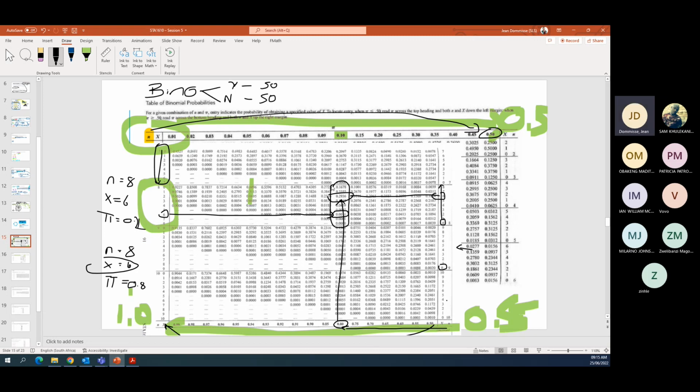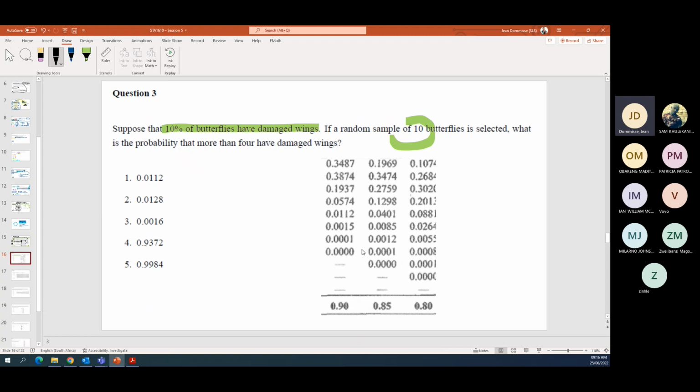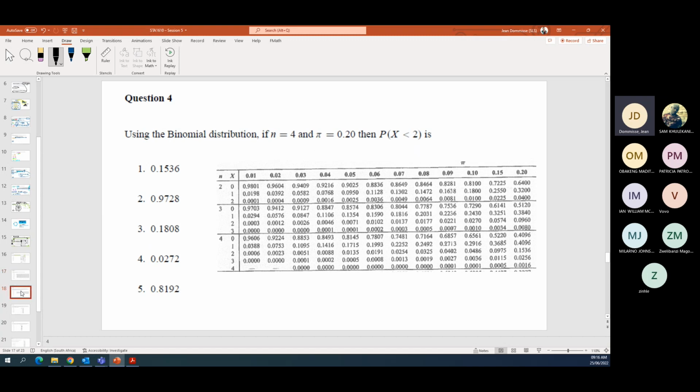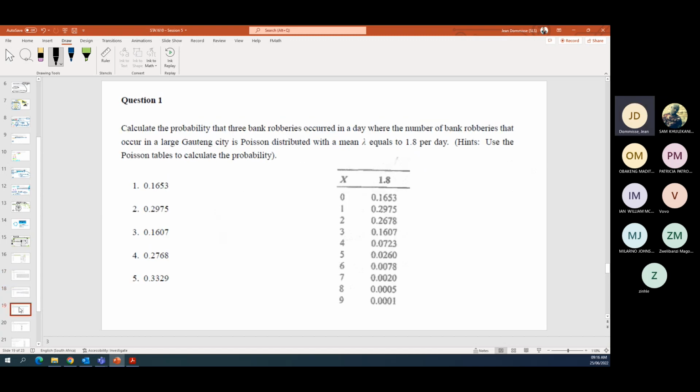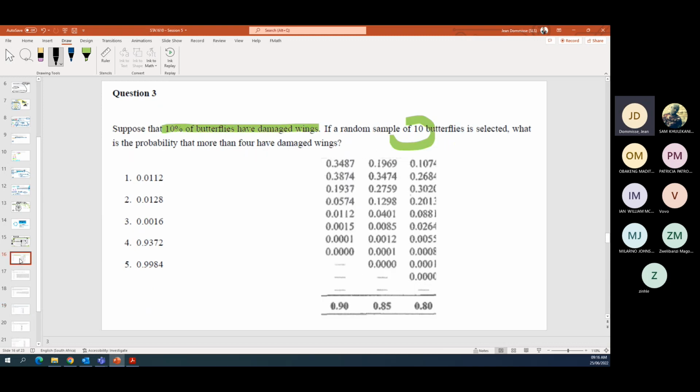I just added it here because in some instances there was actually not one in here that did it. So if you get something like that in the assignment, just remember what table you are referencing.